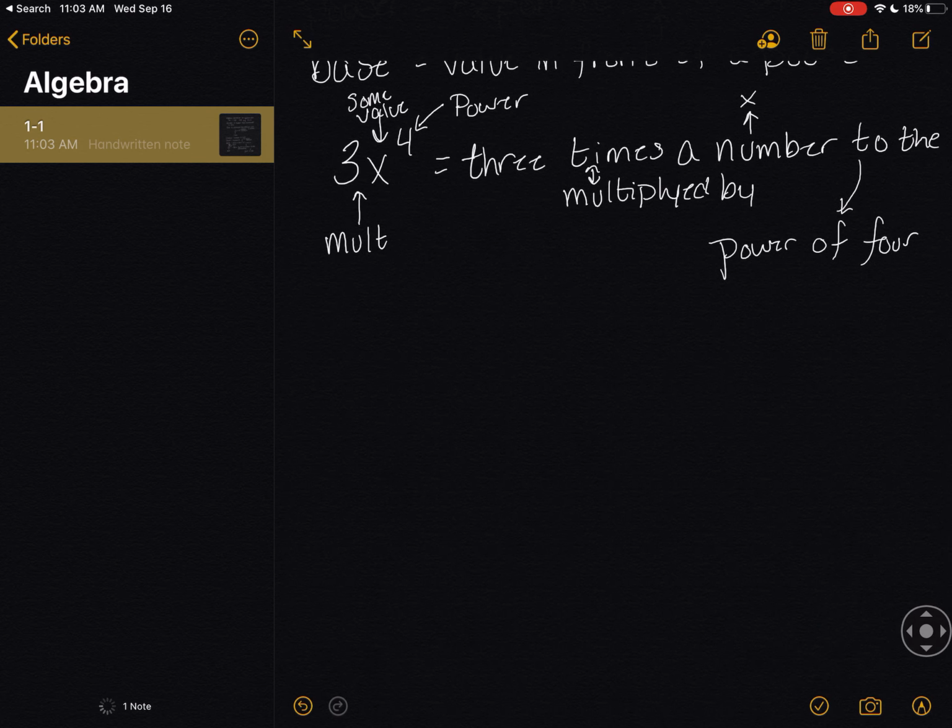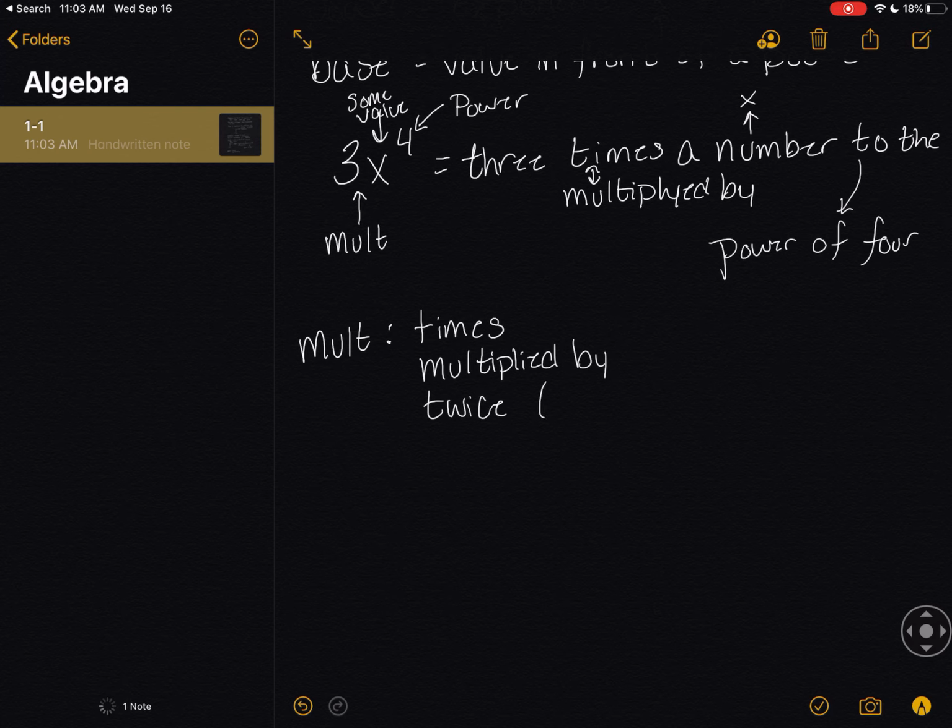So if I'm describing multiplication, I can use the word times. I can use the phrase multiplied by. I can use the phrase twice if I am multiplying by 2, so I'll put a 2x there. I can also say the product of.